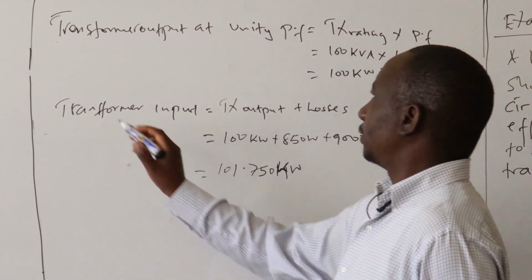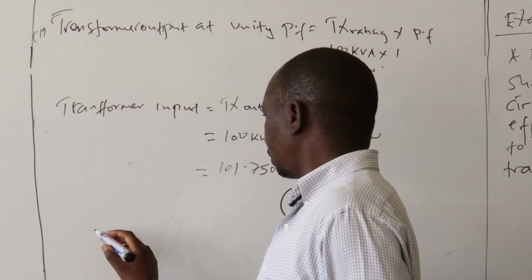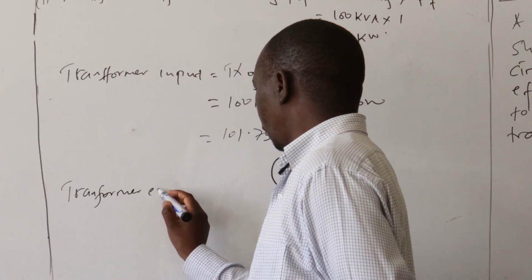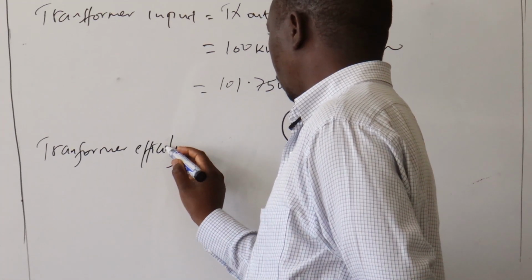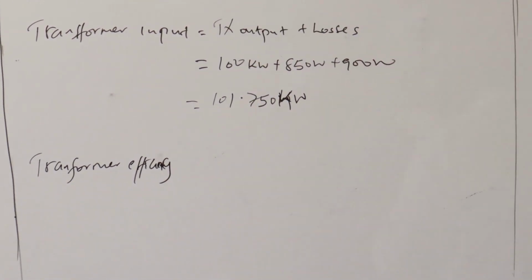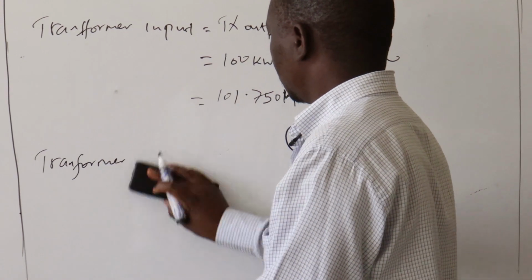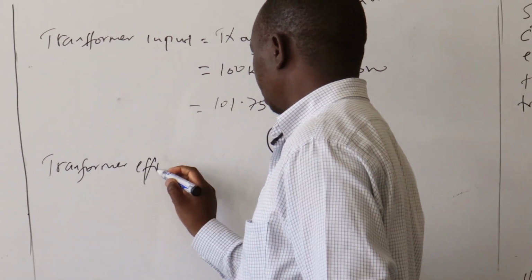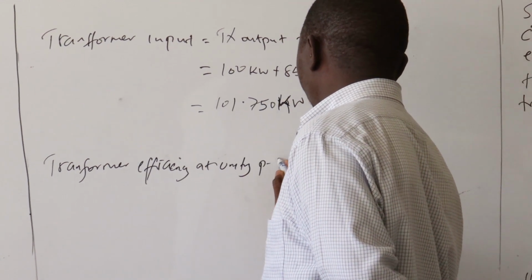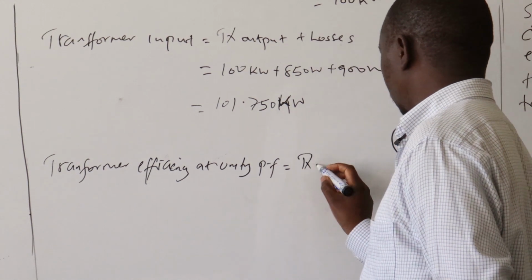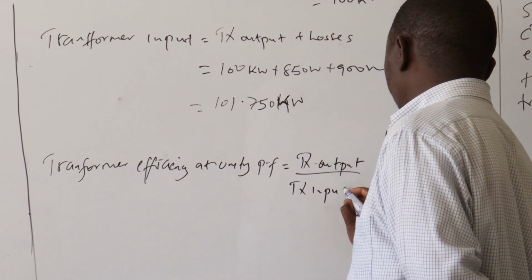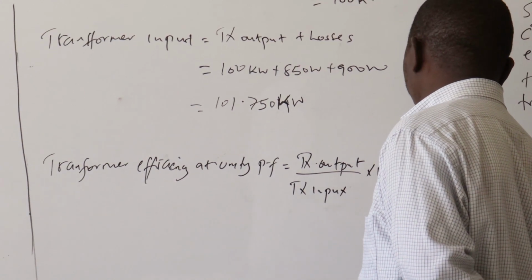So now we can determine the transformer efficiency at unity power factor. It is the transformer output over the transformer input times 100%.